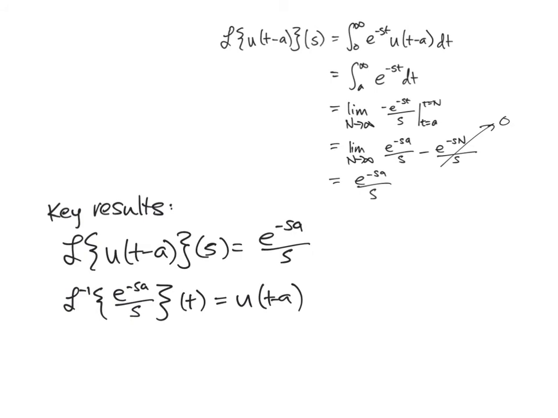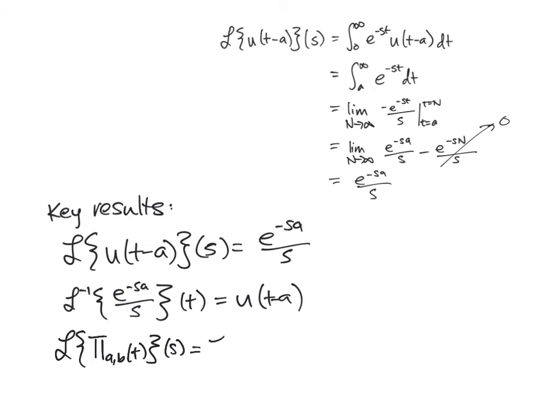Let's do one more. As we saw in our last example of the piecewise defined function, we really want to be able to take the Laplace transform of the rectangular window function, but that's okay because we can write that in terms of a sum of unit step functions. So if we want the Laplace transform of our window function from a to b, a function of t, then the transform is a function of s.